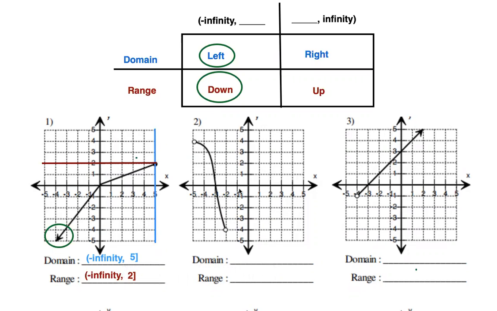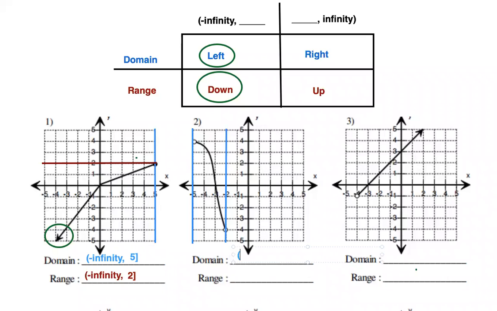Second graph, I don't have any arrows, but I do have open circles that I want to look out for. The left side of my graph is going to pass through negative 5 and going through that open circle. The right side is going to pass through negative 2, also open circle.